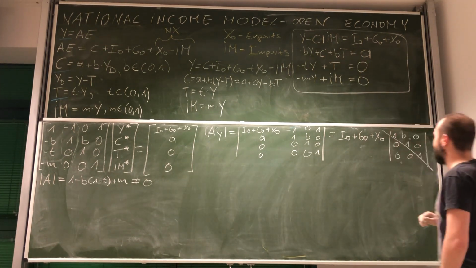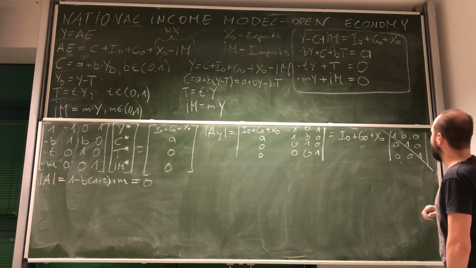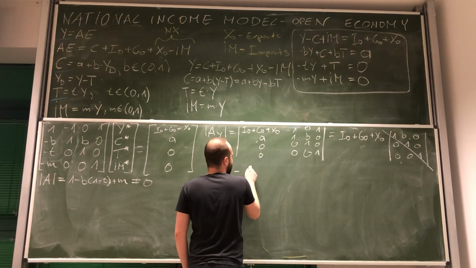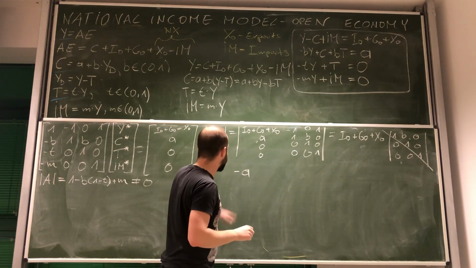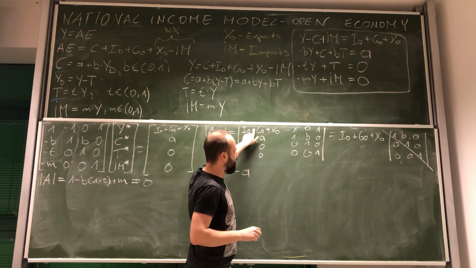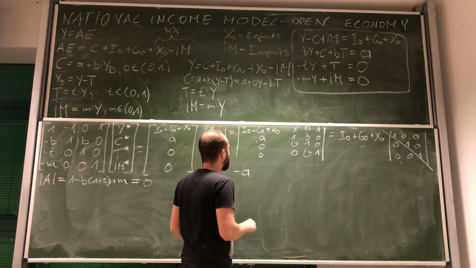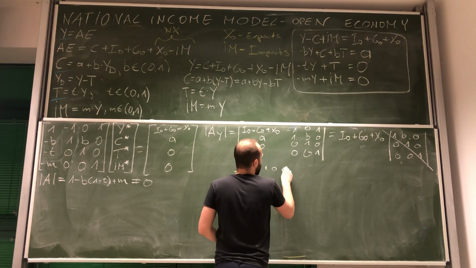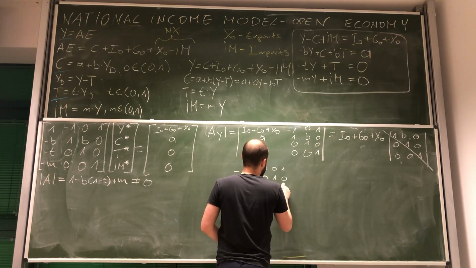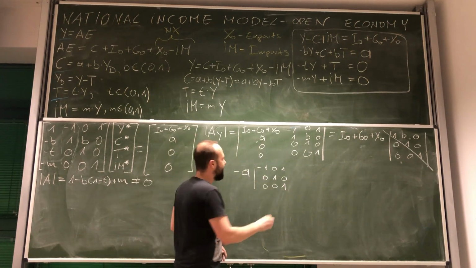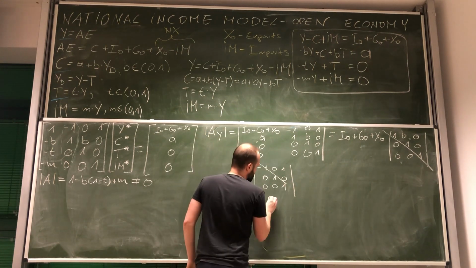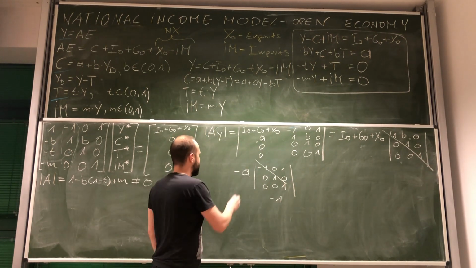Now the second element of the expansion is minus A, right? Because this one was with plus, this one must be with minus, and now times the determinant negative 1, 0, 1; 0, 1, 0; 0, 0, 1. And look, again, this whole thing is going to be negative 1 this time, right?